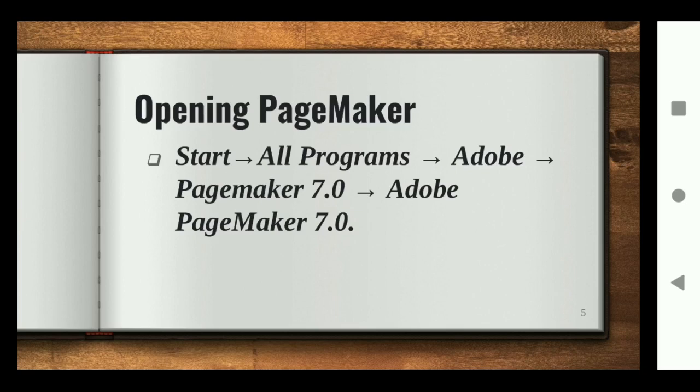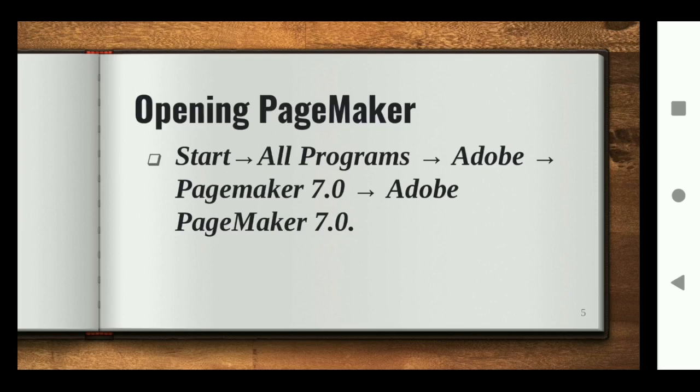For opening PageMaker, as shown on the screen, we have to click on the Start button, followed by All Programs, and Adobe PageMaker 7.0. The version we are looking at is Adobe PageMaker 7.0, as per the syllabus coverage.